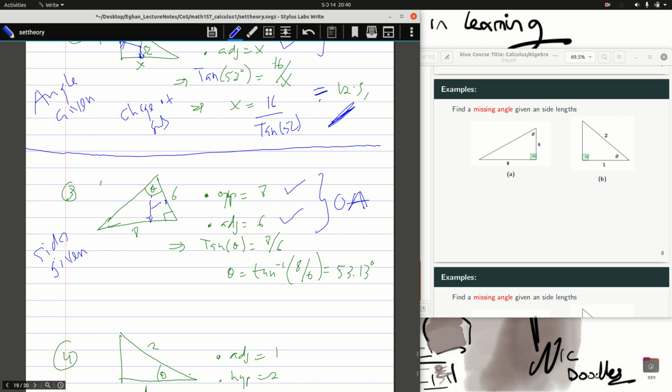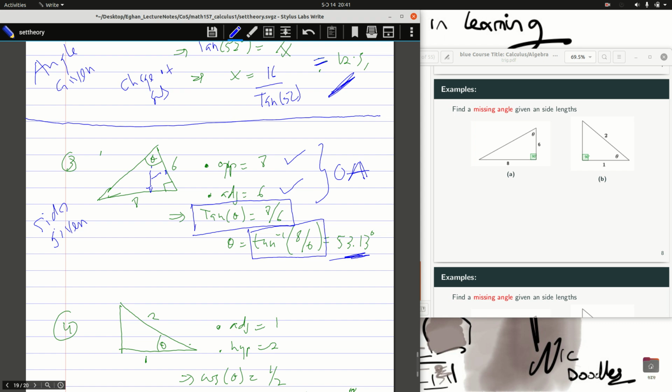So I can use tan theta to give me opposite over adjacent as I have here. And by change of subject, if I want theta, I have to find the tan inverse of the answer. In this case, you use a calculator. Theta is 53.13 degrees. If I want it in radians, I multiply by pi on 180.